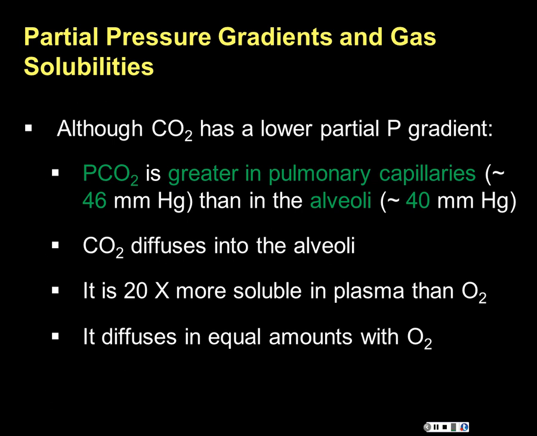We want to get carbon dioxide out of the capillaries into the alveolus. But we noted the gradient is less because carbon dioxide is much more soluble than oxygen in that liquid plasma, so it doesn't have to be pushed as hard to move from one spot to another. And when we do that, we get the adequate ratio of oxygen in, carbon dioxide out, with these differences in pressure gradients.